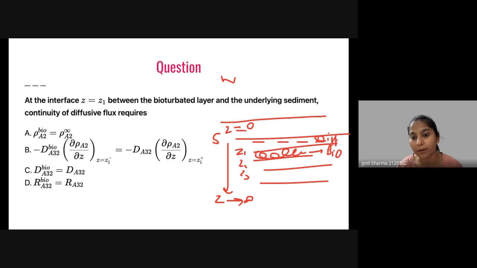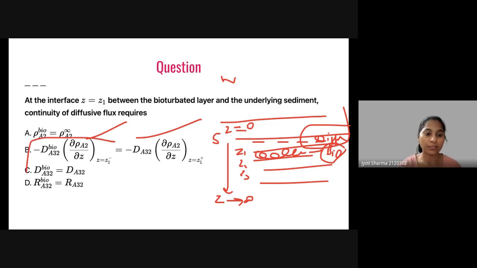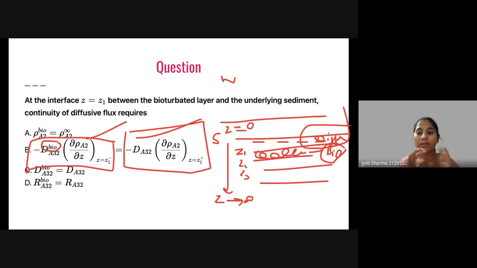right? So what we have to do is the flux due to this layer should be equal to the flux due to normal diffusion, because what we are saying is that there is no accumulation of your contaminant. So whatever flux we have from the bioturbated layer will be equal to whatever flux we have from the diffusive layer, and that's how we are putting it equal to each other. So this is your flux due to the bioturbated layer, and this is the flux at your normal diffusive layer.